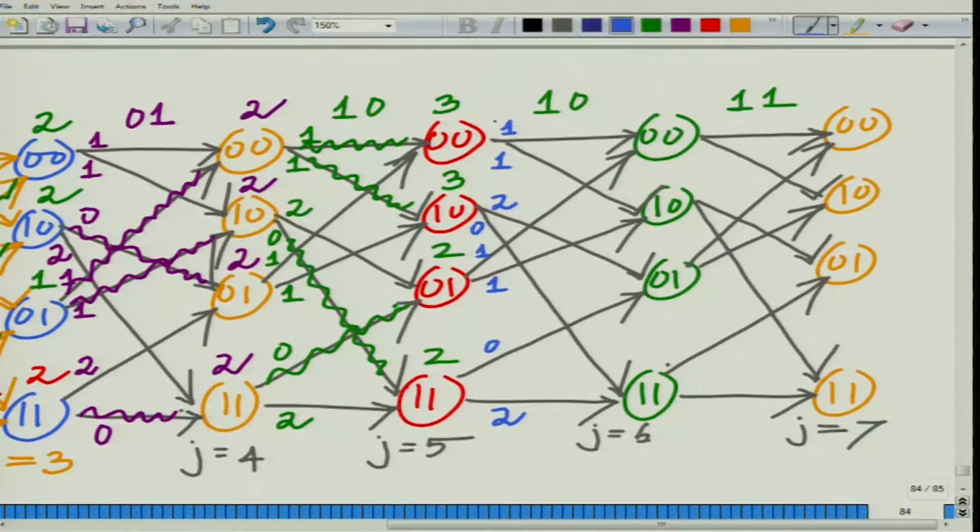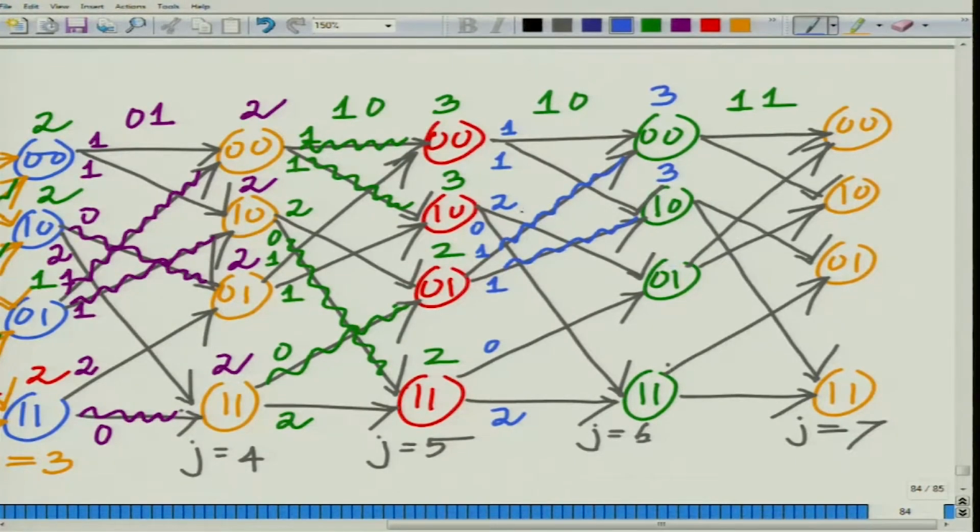Minimum distance to 0 0 is either 3 plus 1, 4, or 2 plus 1, 3. So needless to say, it is 2 plus 1, 3. And minimum distance to 1 0 is either 2 plus 1, 3, or 3 plus 1, 4, and it is again 2 plus 1, 3 from 0 1.